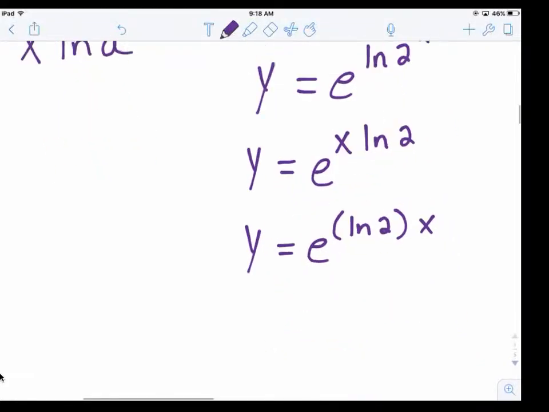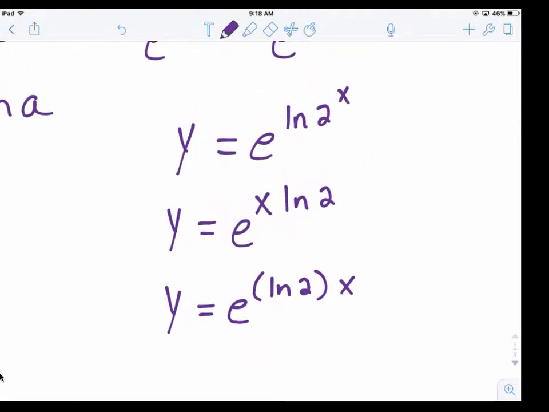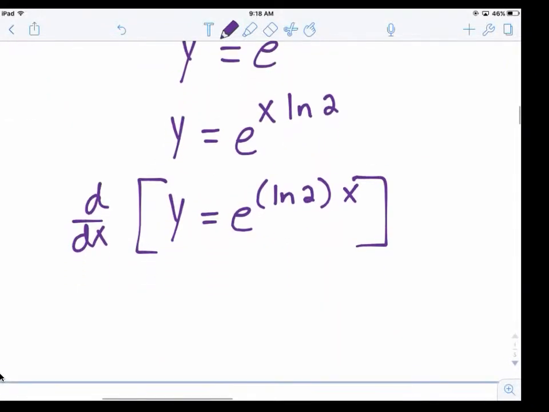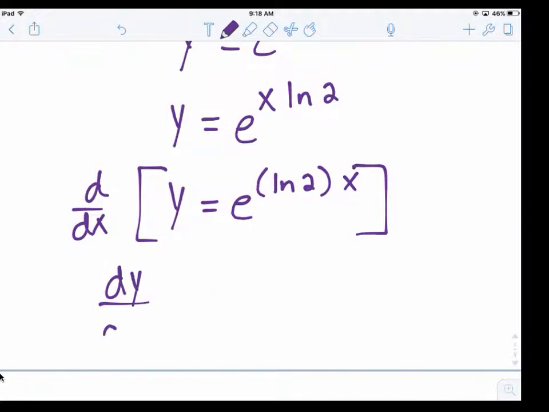All right, what we want to do now is take the derivative of this step here. So I get dy over dx is equal to, we have an e to the blob term, so what would be the derivative of the e part? E to the blob, so you have e to the ln of 2x, right?